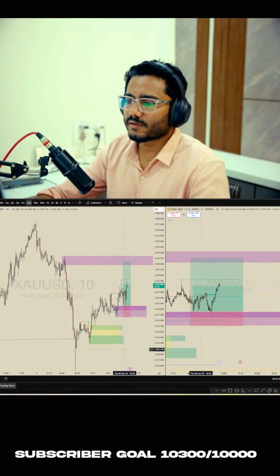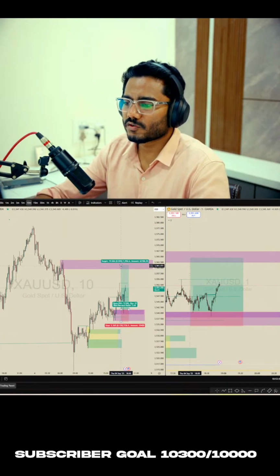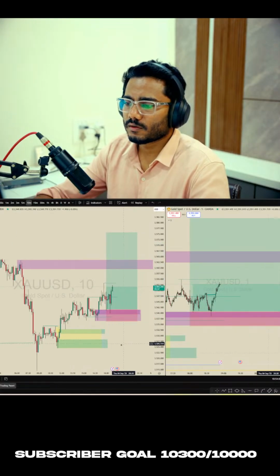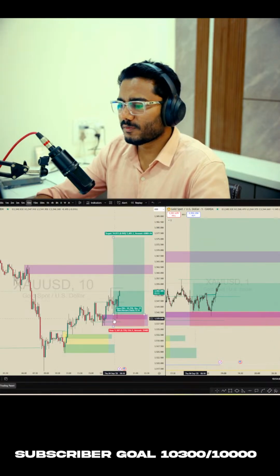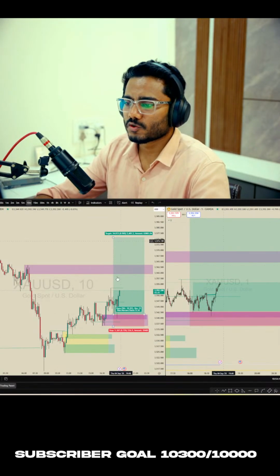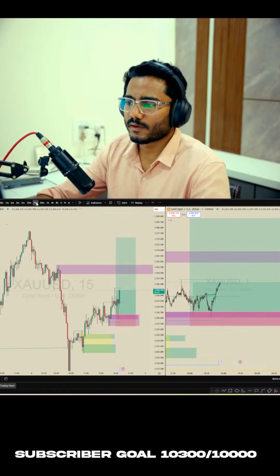So on gold, price continues to the upside. If price does not stop from here, then we can target this move to the upside. So it's around 1:6. Because price has swept the liquidity twice here, it should continue to the upside.